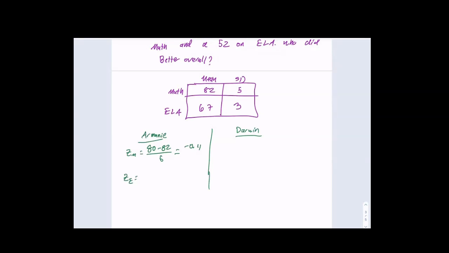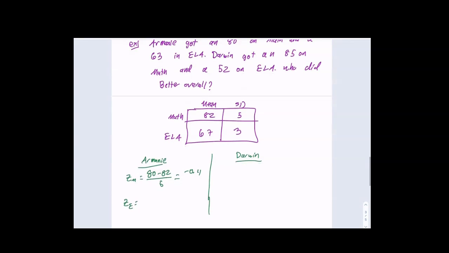I'm just going down my list of names and I just picked two names on the top. ELA? How did Armani do in ELA? 63 minus 67 over 3.